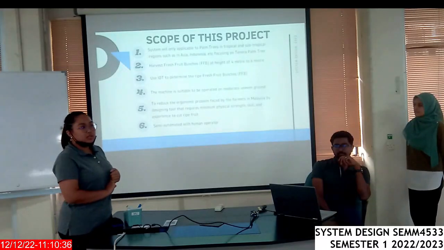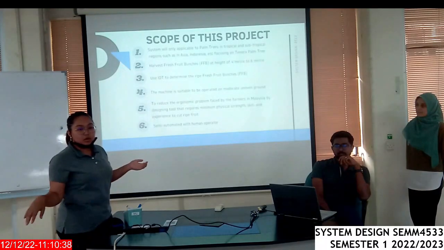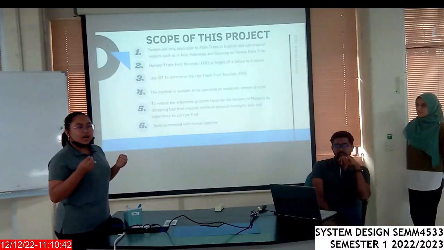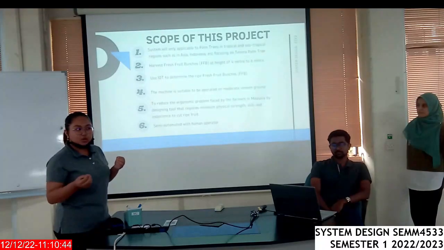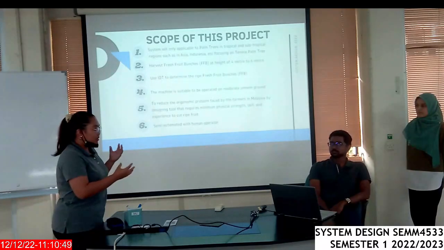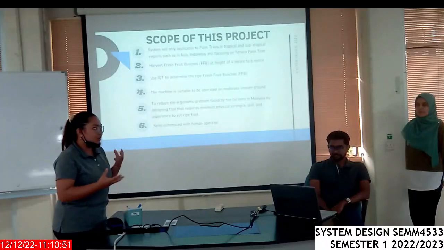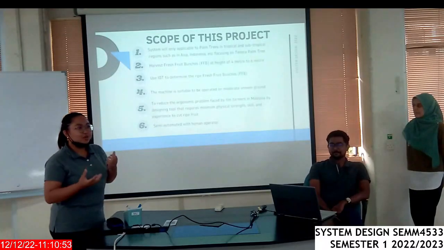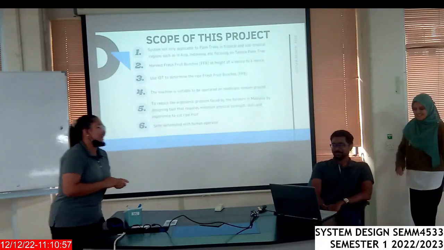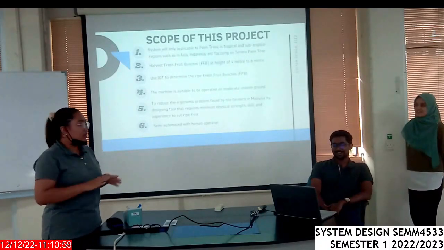We actually consider the ground of our country, but we don't want our machine to be operated on very uneven ground, which is so difficult. So only on moderately uneven ground.